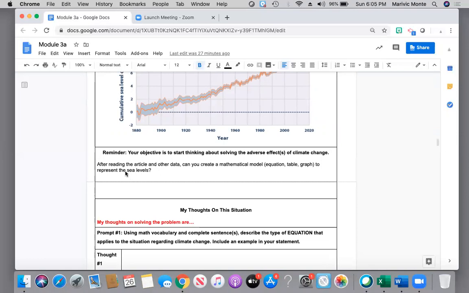And after reading the article and the other data that are along with your readings, you will create a mathematical model right after this portion that says my thoughts on the situation. And the mathematical model is for you to represent the sea levels.